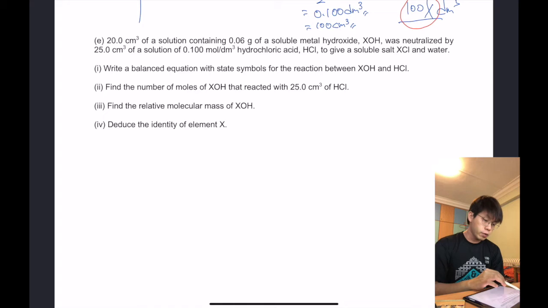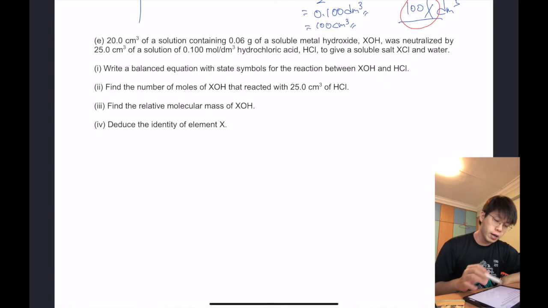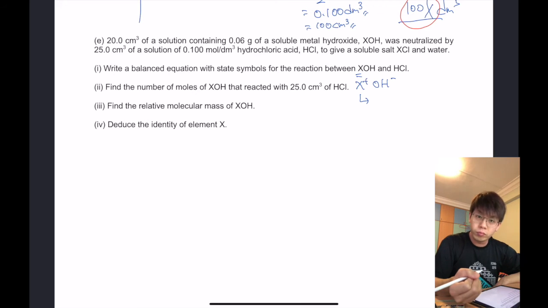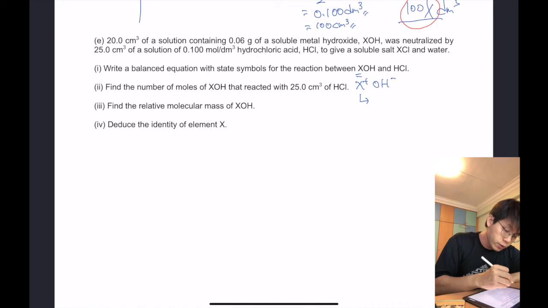So 1. Write a balanced equation with state symbols for the reaction of XOH and HCl. Okay, so because this is XOH, I know that this is X plus and OH minus. You got that? Right? So, alkali with acid. Alkali with acid will form salt and water. We learned this in Sec 2.